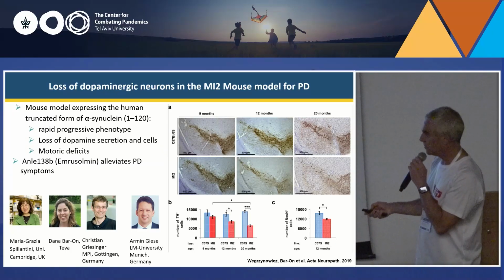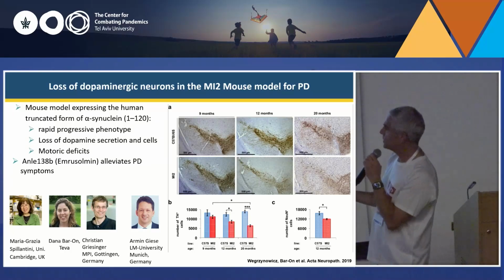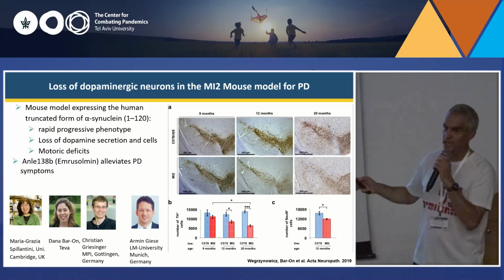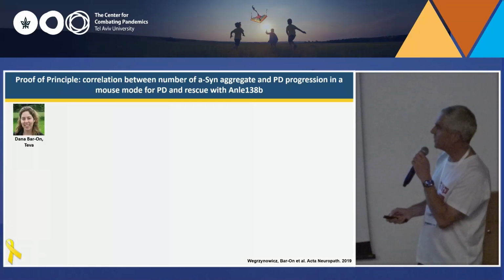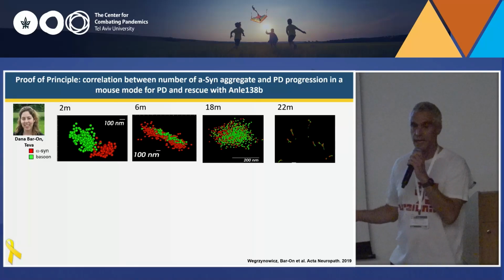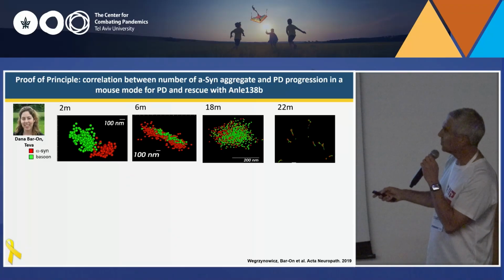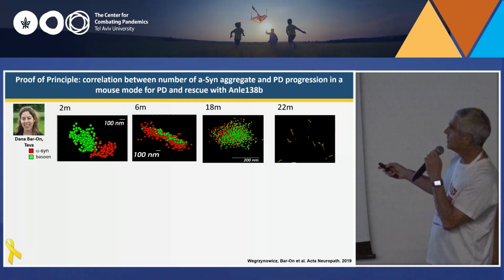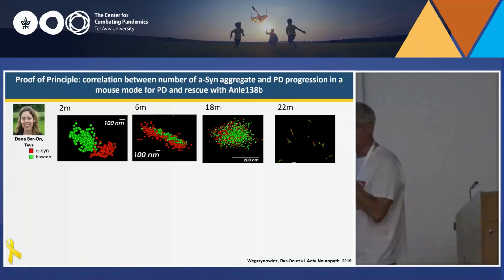So what Dana Bar-On did at that time, she received the brains from these mice at different ages and basically tracked the appearance of the synaptic protein alpha-synuclein. And as you can see here, just without any quantification, at 2-month-old, 6-month-old, 18-month-old, you can see that the organization of the alpha-synuclein in the synapse is different.